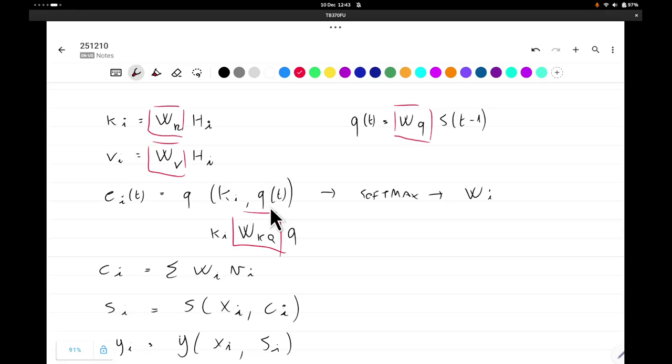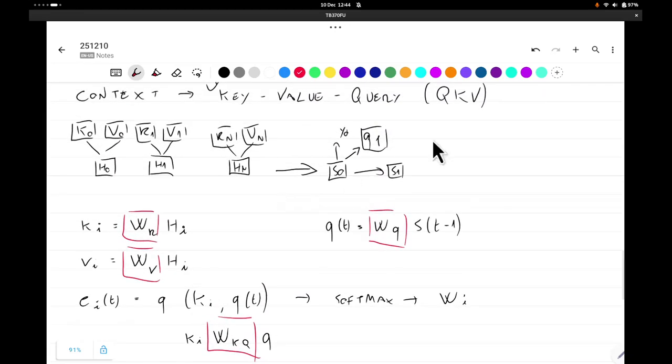So if it is language, each word has been embedded, and then they are combined together to make the sentence, and there is just one vector that is the sentence, and then you extract with this query mechanism the thing that is most important at that point.